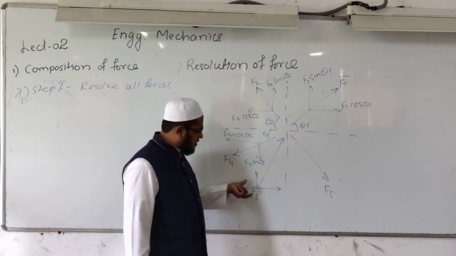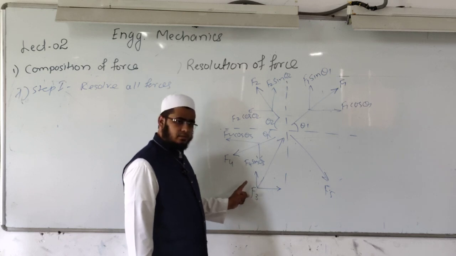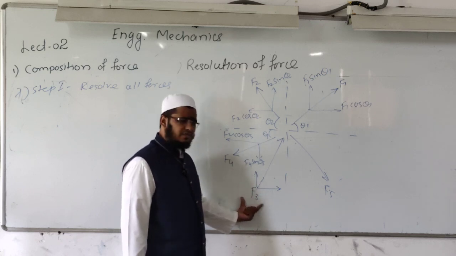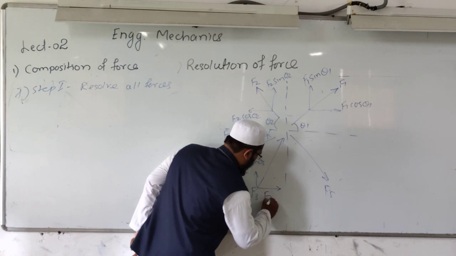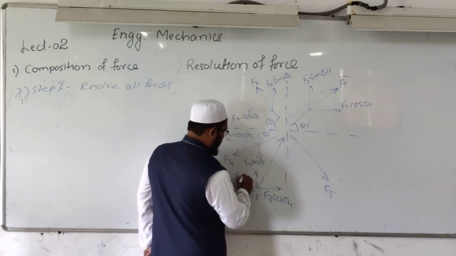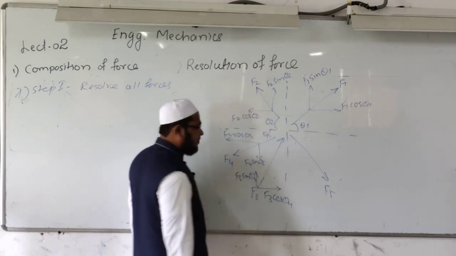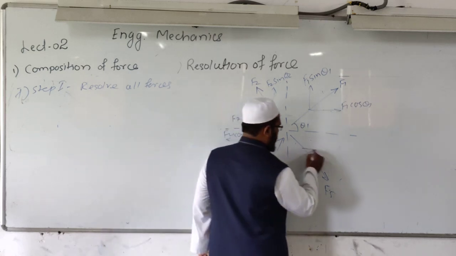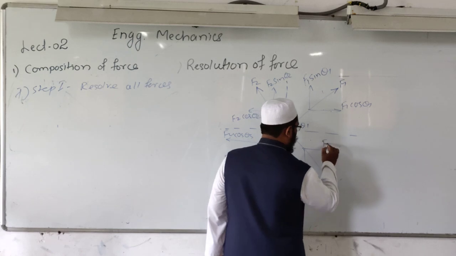Quadrant is very important to decide the direction of the component. F3 is in the first quadrant, therefore horizontal component F3 cos theta 4 will be rightward and F3 sin theta 4 will be upward. F5 is acting in the fourth quadrant.